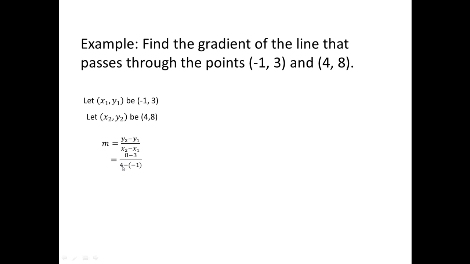For the bottom we have 4 minus -1, so this then becomes a plus. So 8 minus 3 gives us a 5 on the top, and 4 plus 1, remember that's a plus, is 5. So that gives us a gradient of 1. So the gradient of the line is 1. Now if you have any troubles, just have a look back through this video.